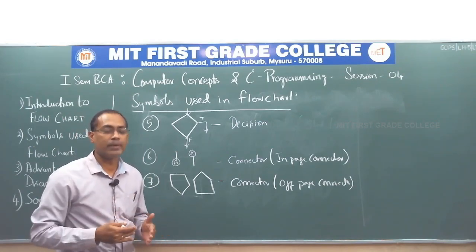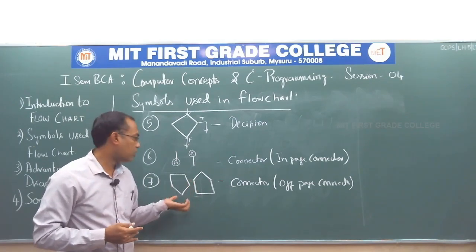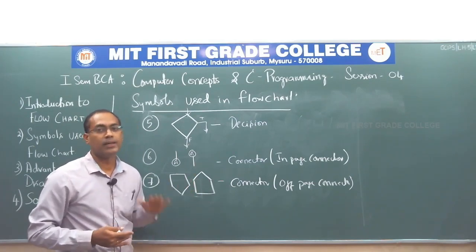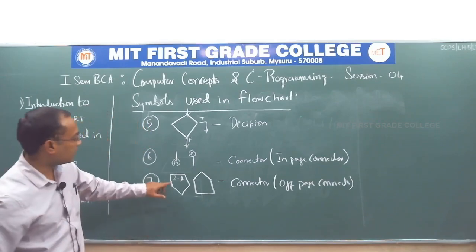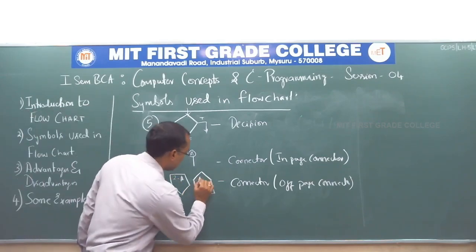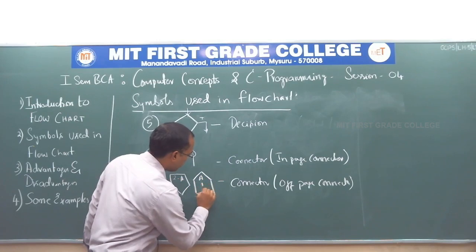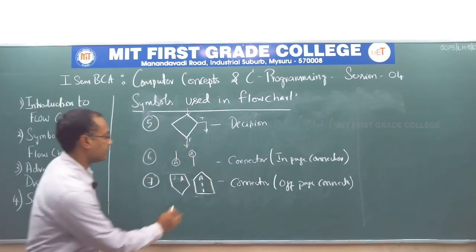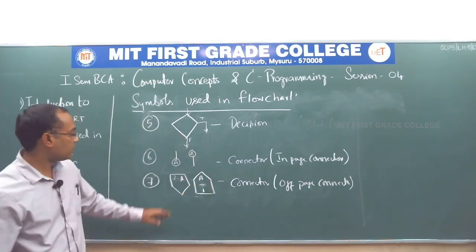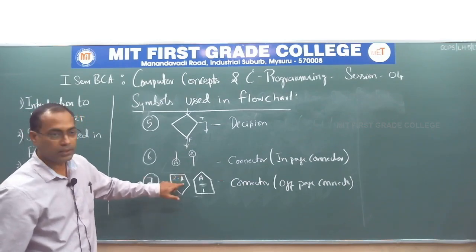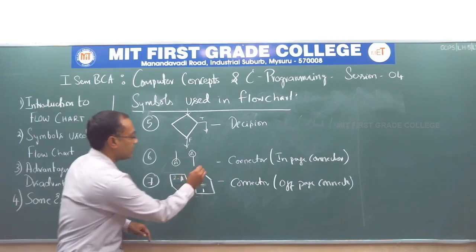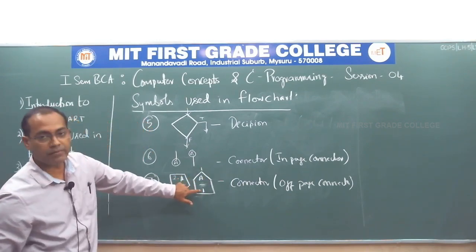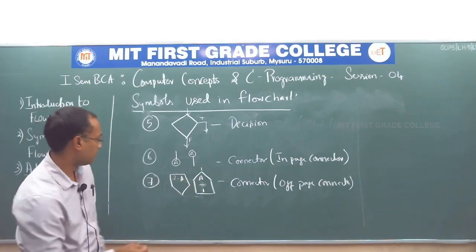If you are taking multiple pages to write the flowchart, then you are going to use this for establishing the connection. Here you have to write the name of the page and the process. Which means go to 2A, and this A came from 1. Like this you have to represent. So on the second page, there is the A connector in order to continue using flow lines, and this came from page number 1.